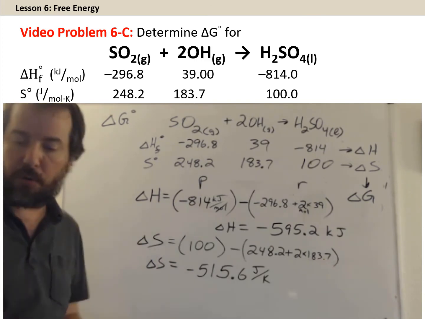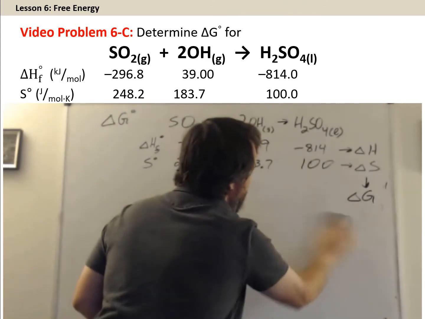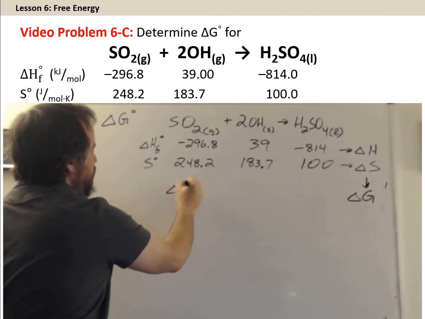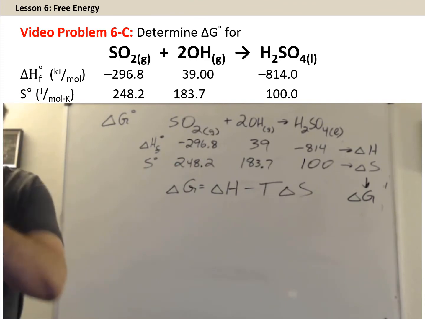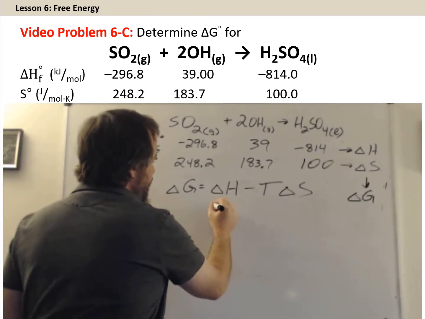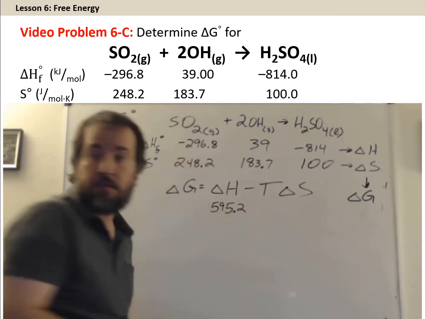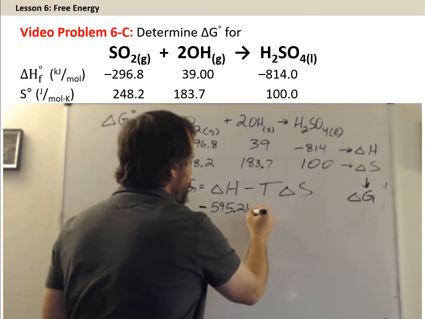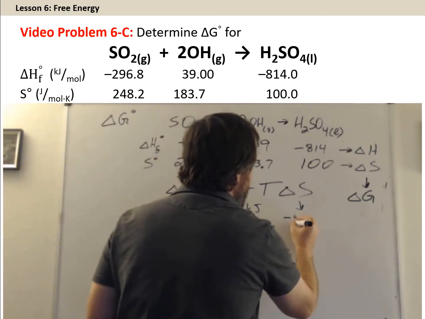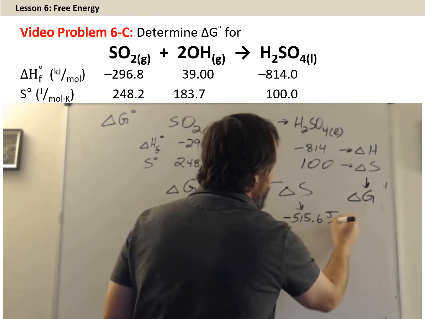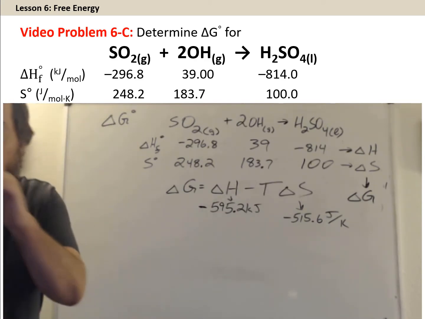Let's go ahead and use those to find delta G. Okay, so we're going to use delta G equals delta H minus T delta S. We just found out that delta H is negative 595.2 kilojoules, and delta S is negative 515.6 joules per K. All right, we need to know one other piece of information, and that's our temperature.